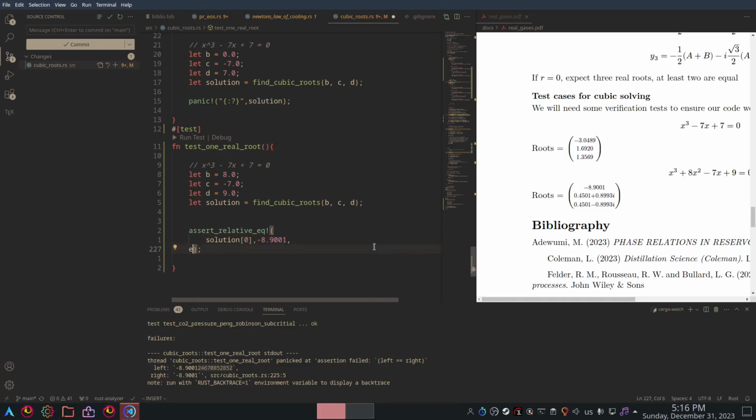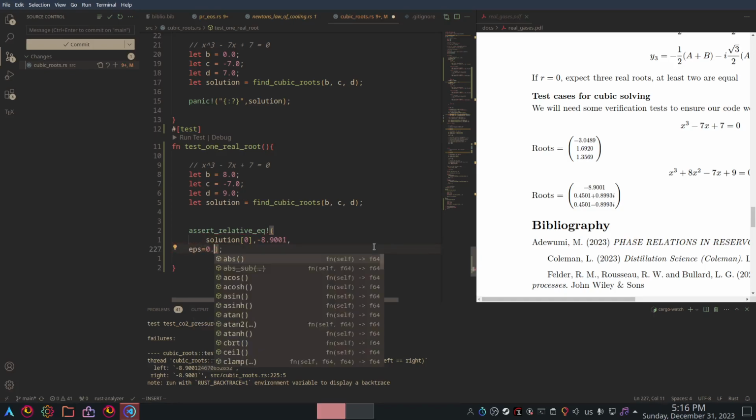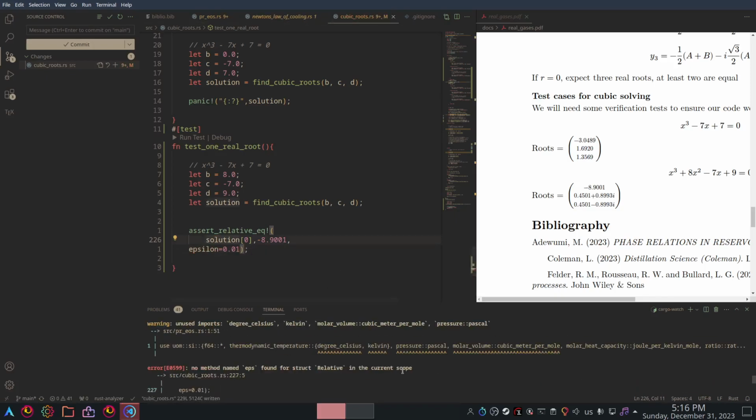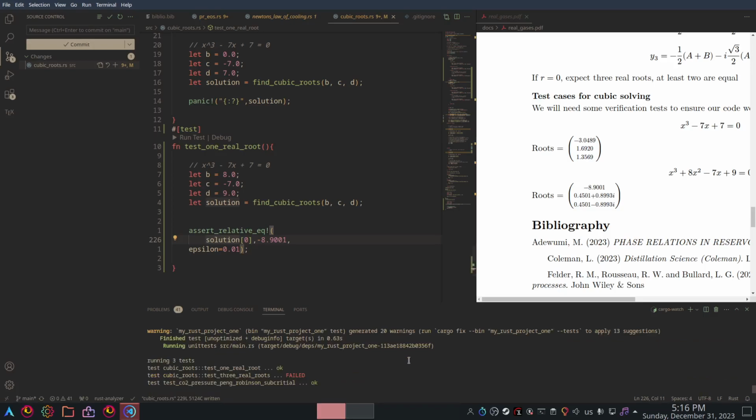Let's try eps equals 0.01. Let's see, epsilon, not eps. Epsilon equals 0.01. What's epsilon here? This is the approx relative. Epsilon here is usually an error term.